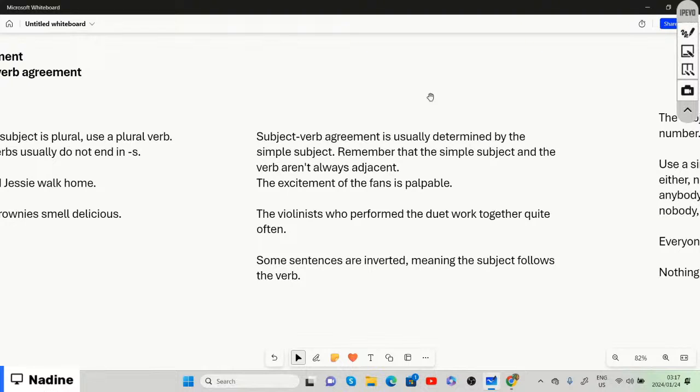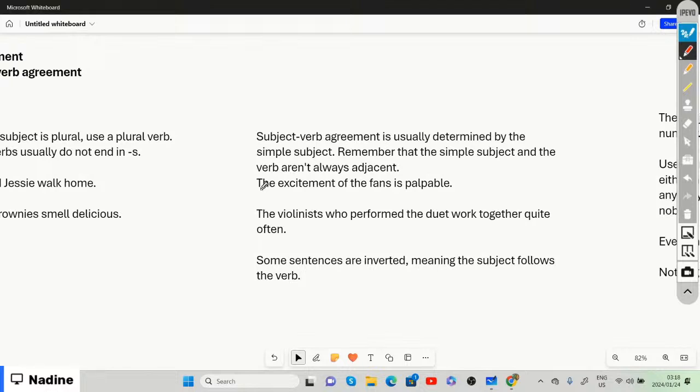And an example is, if we look at an example, it says, the excitement of the fans is palpable.